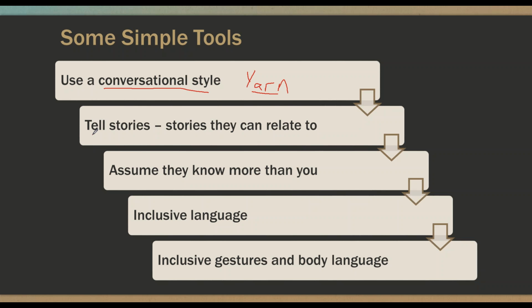Use your stories. In my introduction, I spoke about stories of vulnerability, stories of success, but stories that they can relate to. The mining stories and the health stories, they're different. When I work with superannuation, financial planners, I tell the story of my father when he passed away without a will.